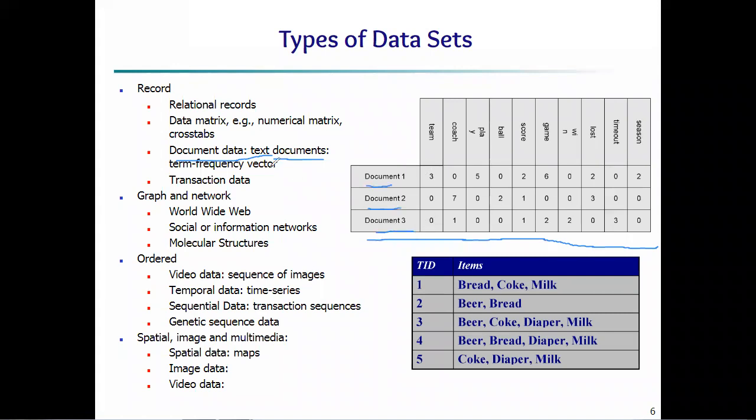In it we have to find the term frequency vector. What is meant by term frequency vector? Documents mean all the keywords given in one document. For example, right now you are searching for IEEE papers and ACM papers for your project.